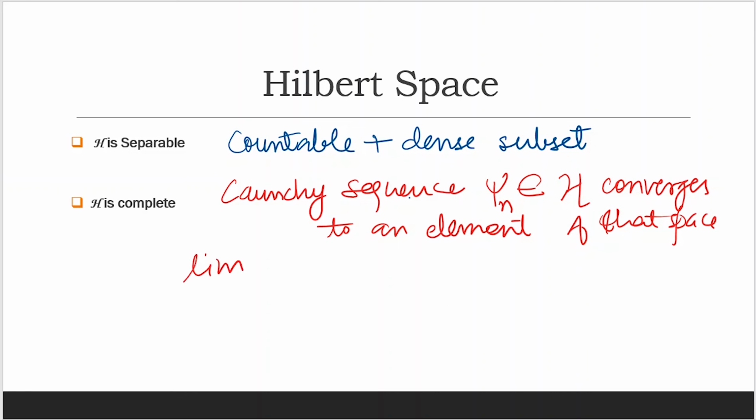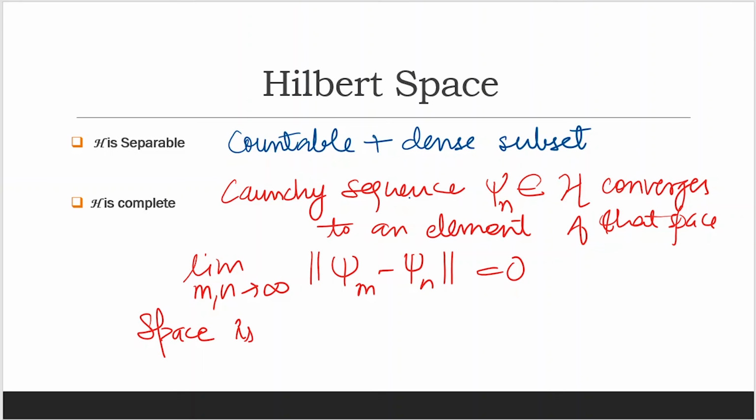It holds the relation that as m and n tend to infinity, the modulus of the difference between the two is equal to 0. This means that if we are extending towards a finite term of the wave function, then it converges to some element of the Hilbert space, or the same space. So this means that the space is complete or closed.